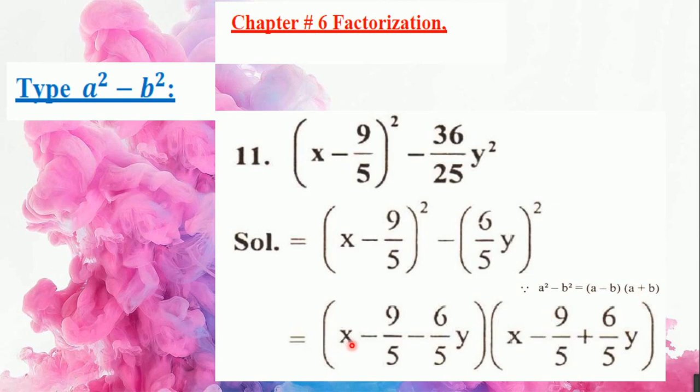Write first a, that is x minus 9 by 5, minus sign, b is 6 by 5 y, into x minus 9 by 5 plus 6 by 5 y. So these are the factors of the given algebraic expression.